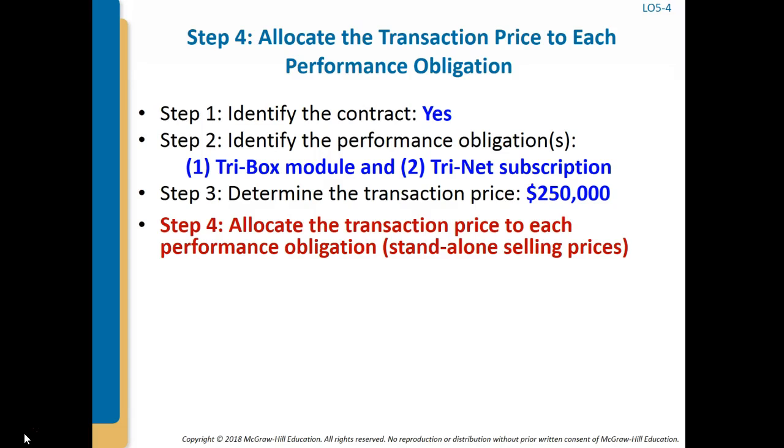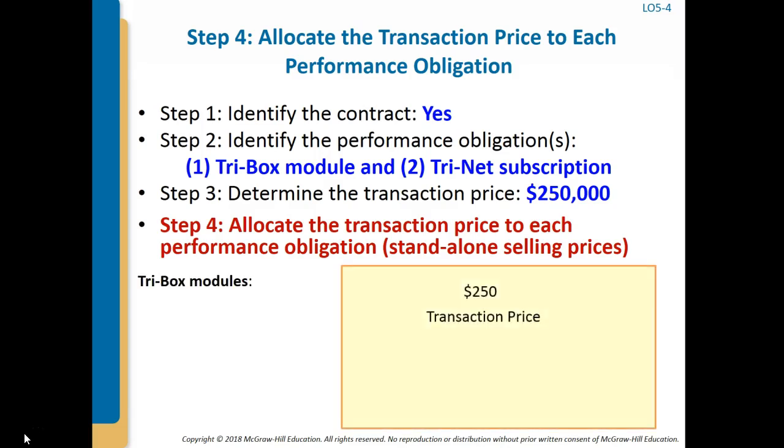The 4th step is to allocate the transaction price to each performance obligation based on their relative standalone selling prices. The transaction price of one TriBox system is $250.